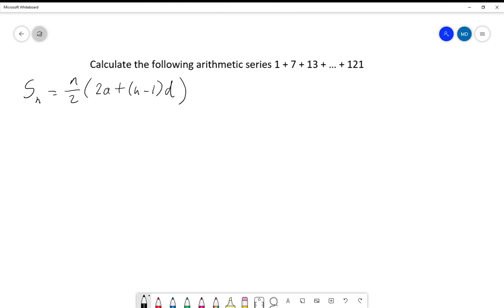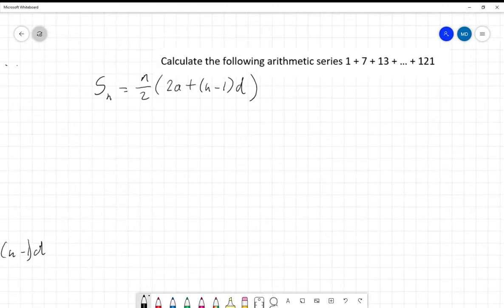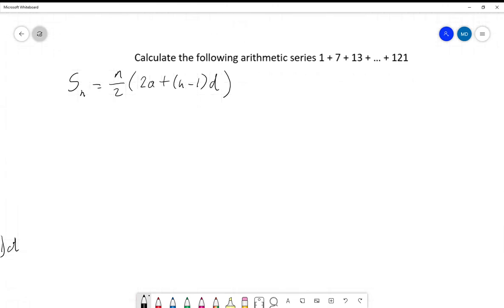This sequence has a common difference of 6 and a first term of 1. And we know that the last term, the nth term, un, is equal to 121. But we also know another way of writing un is a plus n minus 1d, which is equal to 121.